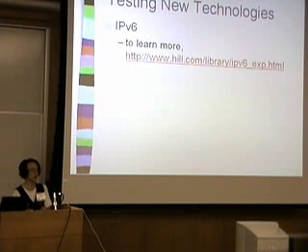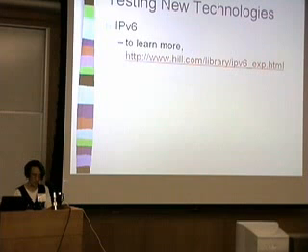So IPv6 is something Internet 2 is working on testing through their network. It's a little bit less of a priority because there have been some enhancements to the current IP version 4, and the current enhancements have addressed some of the speed and service quality concerns.